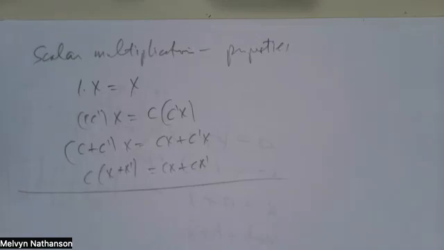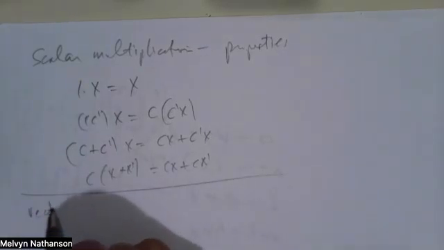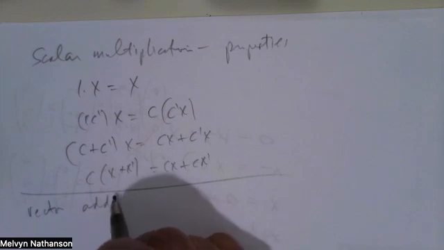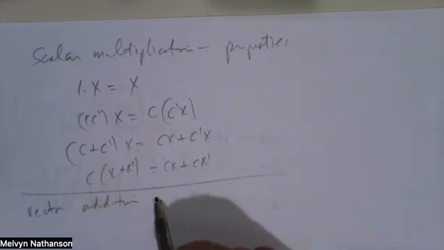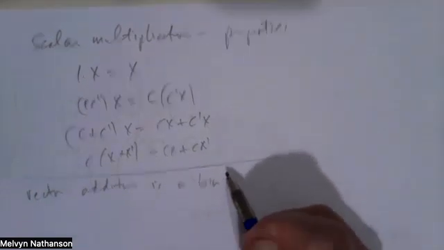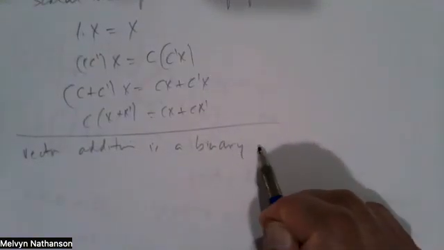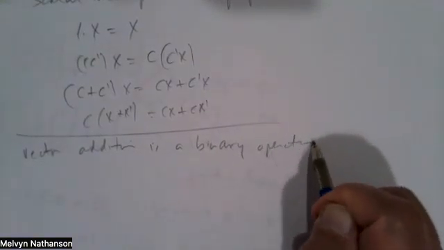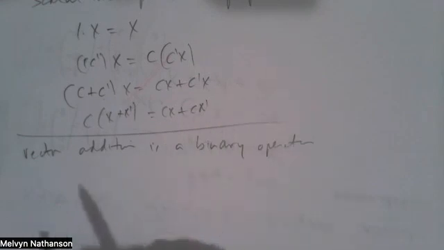All right. So vector addition, the way it's defined, is a binary operation. You can add two vectors. But once you can add two, you can add three. You just add two and then add the third one to it.